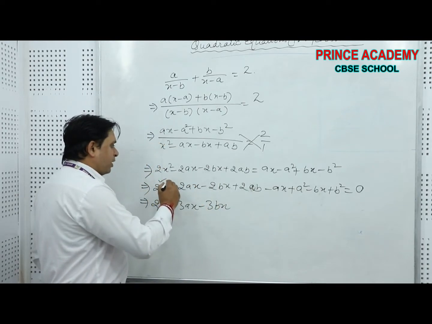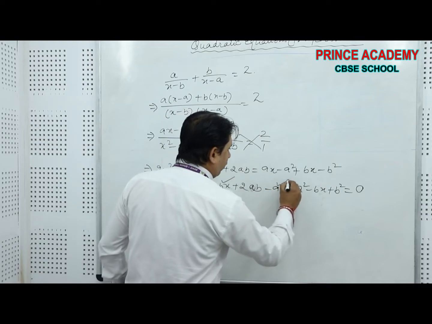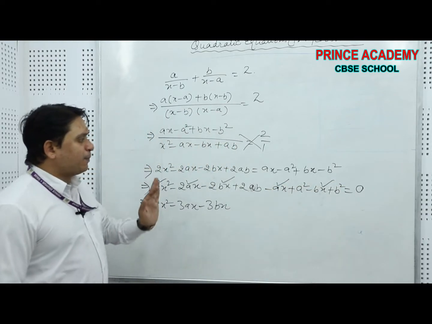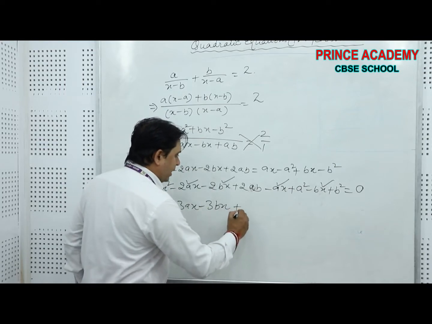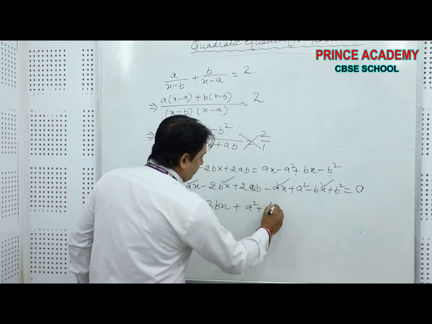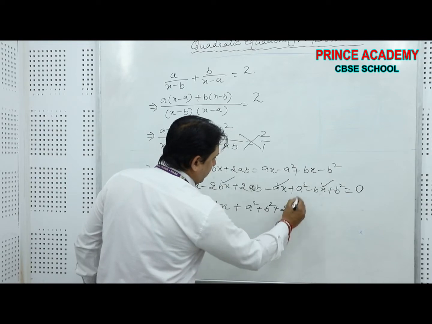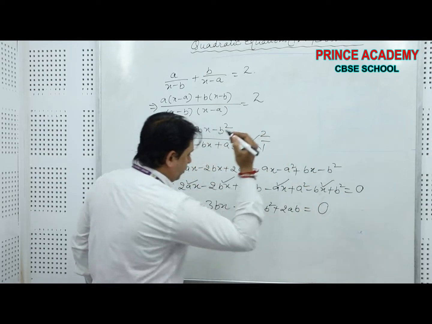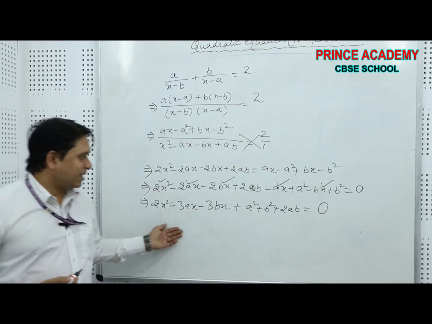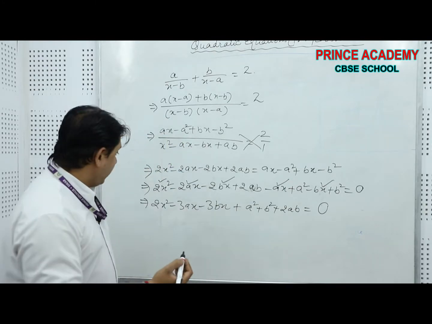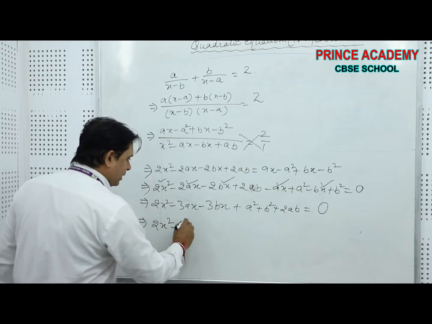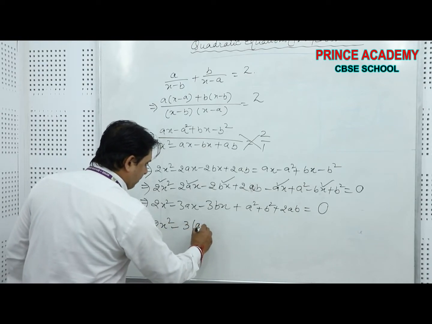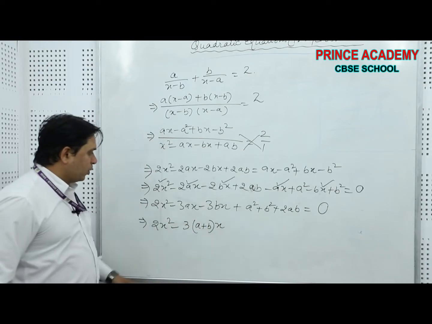Which terms have we taken? 1, 2, 3, 4, 5. The remaining part are a square, b square, 2ab. Yes or no? This is the equation we got here. If you observe what we can do here, 2x square minus 3(a plus b) x common, yes or no?